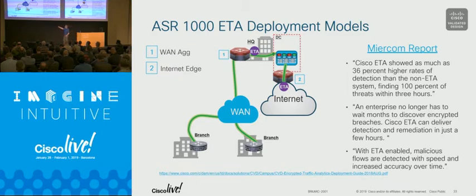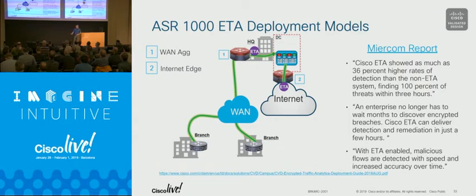And you can enable ETA on your ASR 1000 when they're acting as an internet edge. So before those traffic is sent out to the internet host, they're stealing information from you, we're able to sense all those activities.